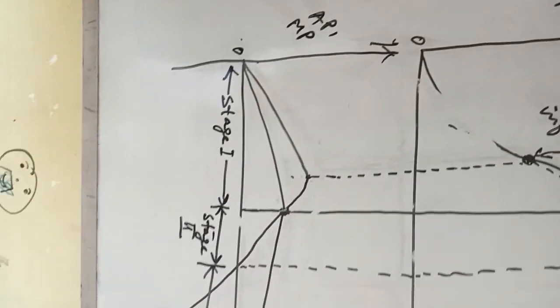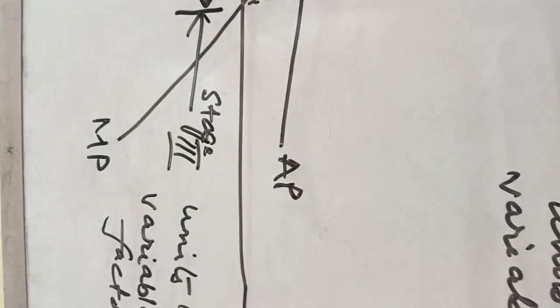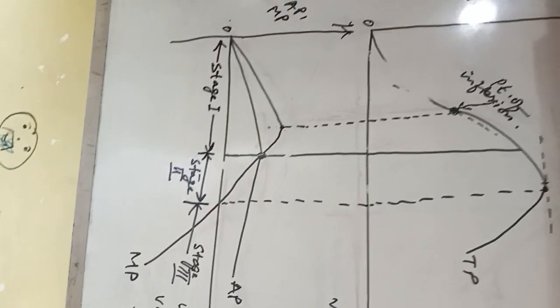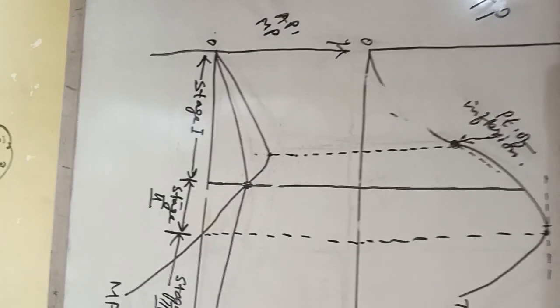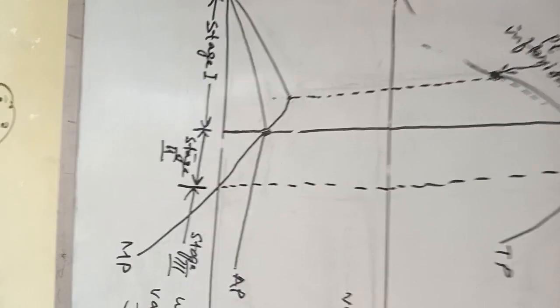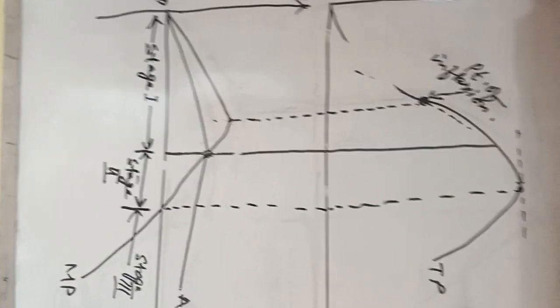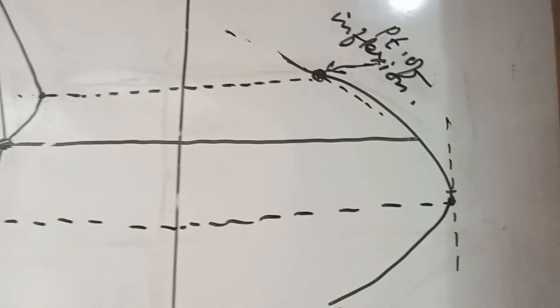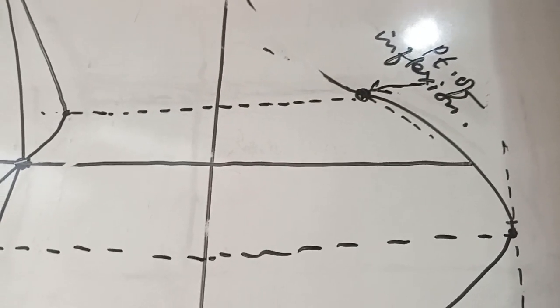In the lower panel graph, we have to show AP and MP. Now, for drawing the lower panel curves, that is AP and MP, from the upper panel graph you have to draw two dotted lines.